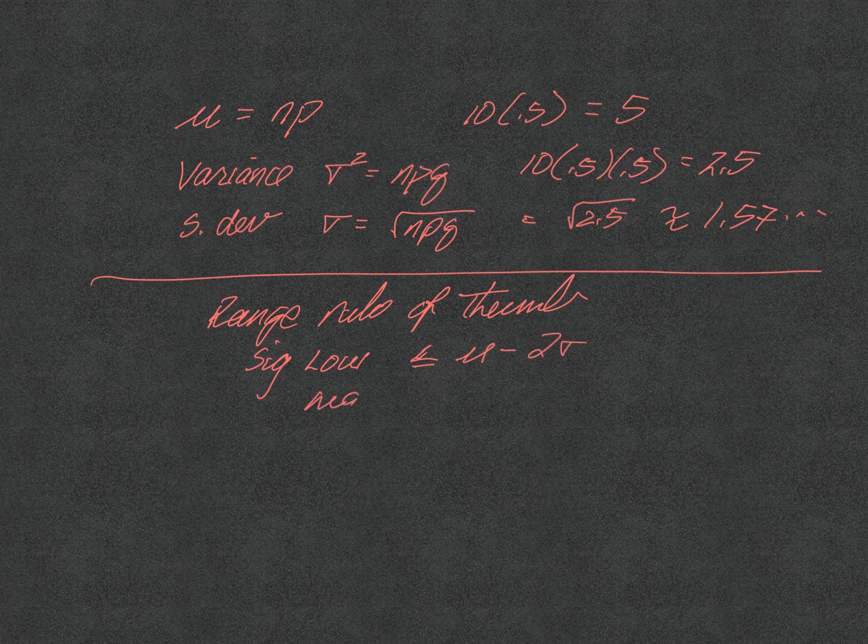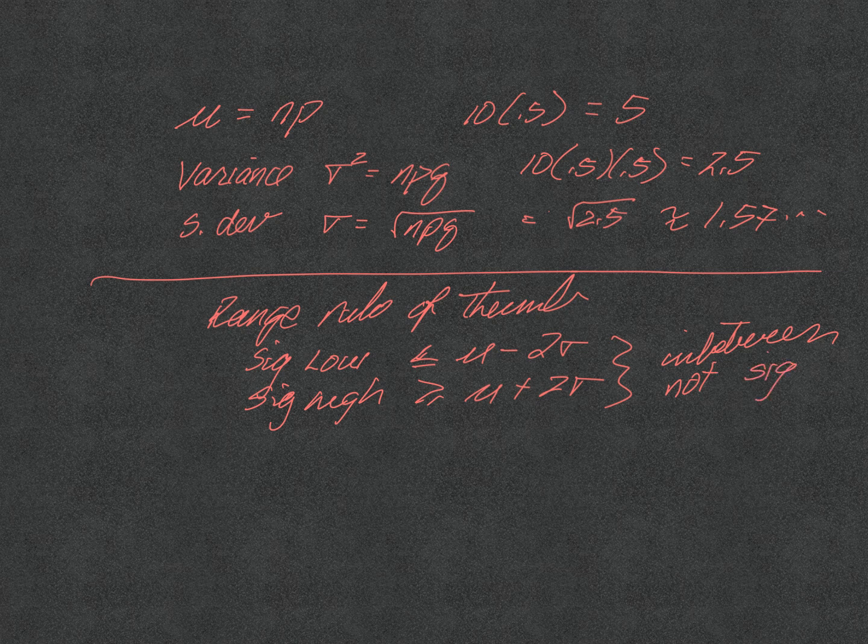They're significantly high if they're greater than the mean plus 2 standard deviations. And they're not significant if they're in between. This rule hasn't changed for any situation. We keep using this kind of rule.